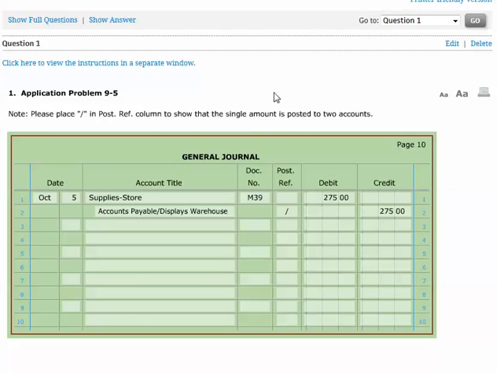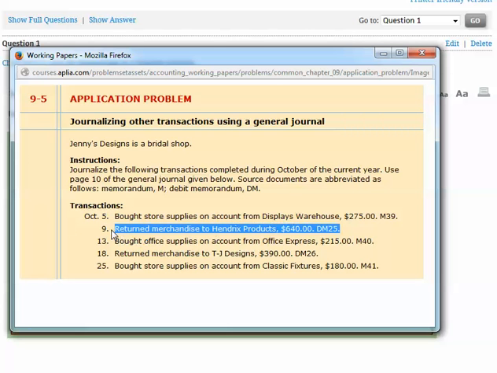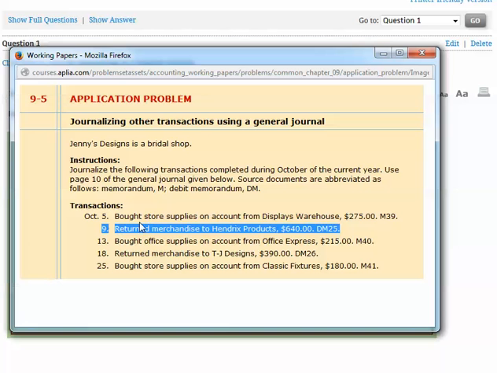Now the return of merchandise, the next one we talked about. The transaction is returning merchandise to Hendrick Products. You're going to debit accounts payable, because we bought merchandise from Hendrick. It doesn't show right now, but in a previous month we bought merchandise from them, and now we returned 640 of it.